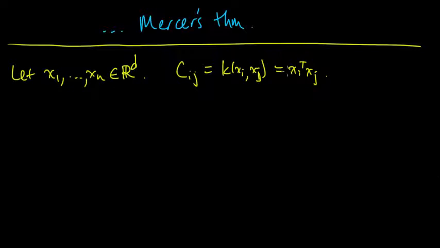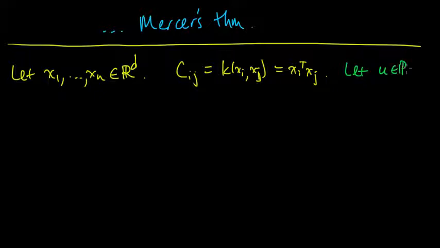Now we want to show that C is symmetric positive semi-definite. First, let's see that it's symmetric. That's obvious enough, because if we switch i and j, we get back the same thing. The inner product of xi with xj is the inner product of xj with xi. So that's simple.